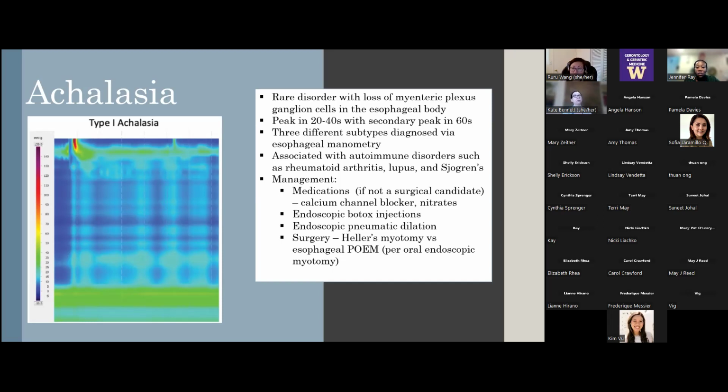If they are not a surgical candidate or can't get surgical backup, then you want to do the more conservative measures. Those include medications such as calcium channel blockers or nitrates with mixed results. A step up from that, if again they are able to tolerate sedation, would be Botox injections at the lower esophageal sphincter to help relax that muscle to allow food and liquids to move through.